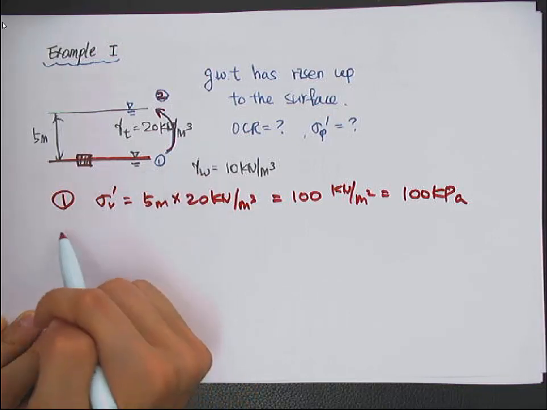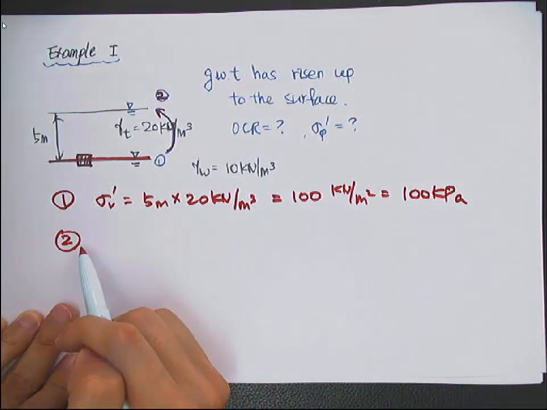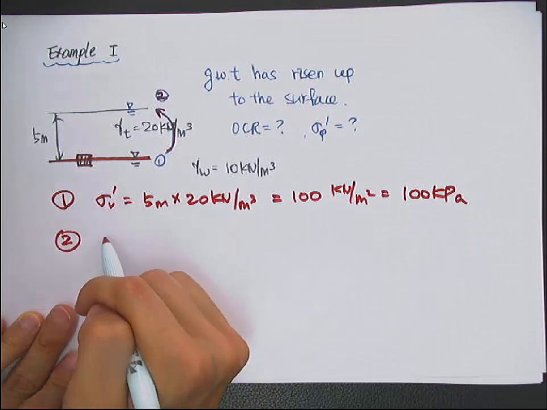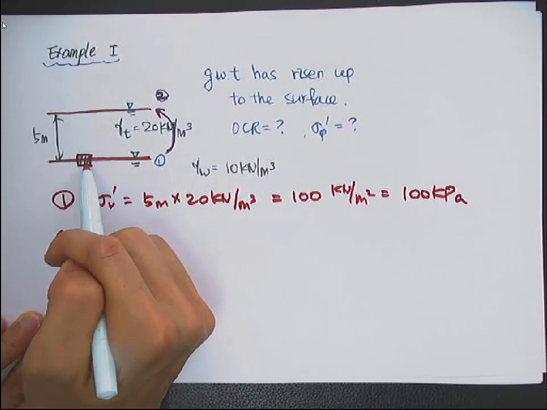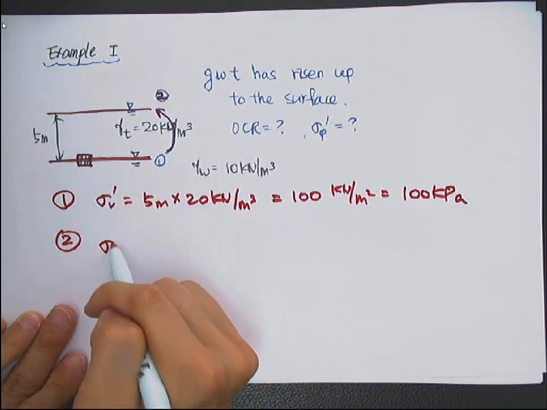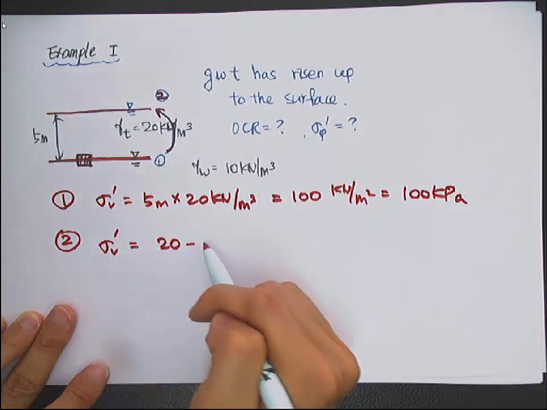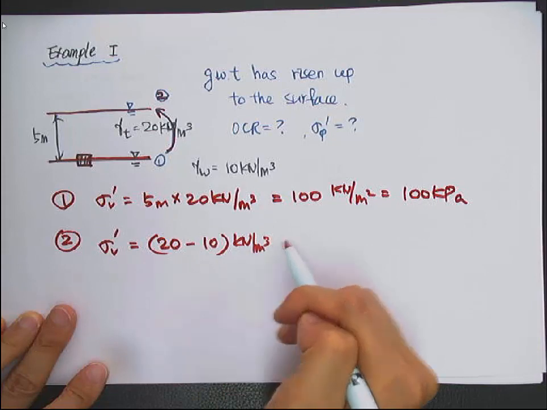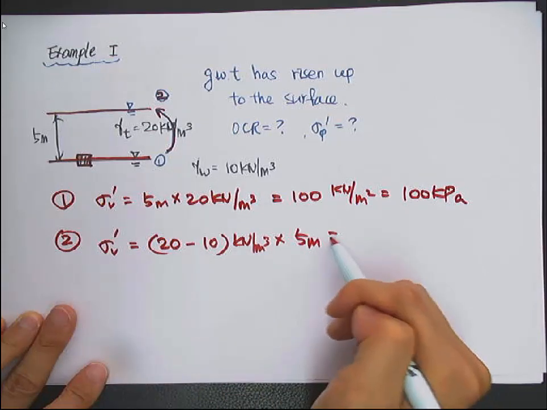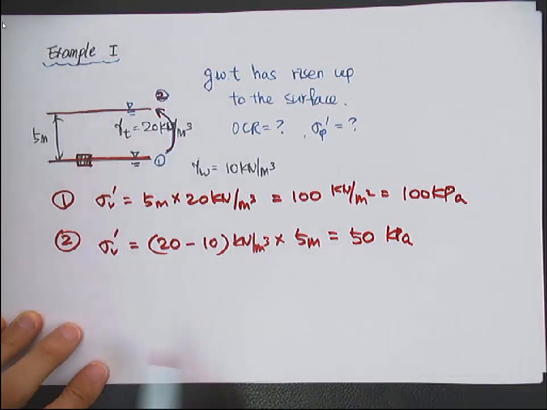When the groundwater table has risen up to the ground surface at time 2, we have to subtract the pore water pressure. Right? So sigma v prime will be 20 minus 10 kilonewton per cubic meter times 5 meters, so it becomes 50 kilopascal.